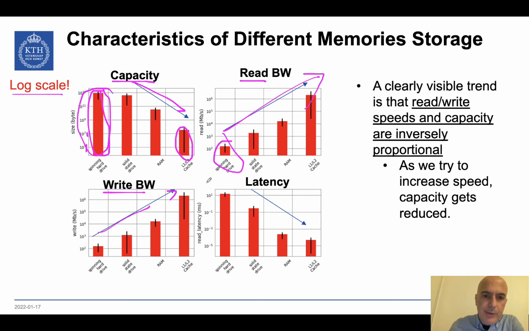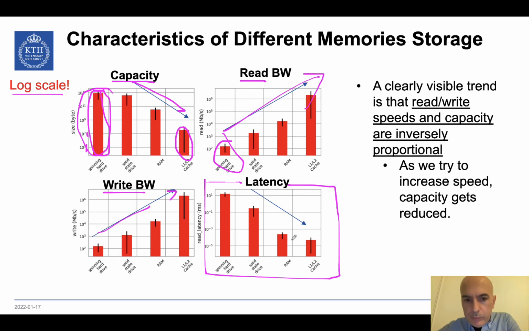Lastly, on this plot, we see the latency of the system. In this case, the unit is roughly tens of nanoseconds. So the caches are around 10 nanosecond latency to access.